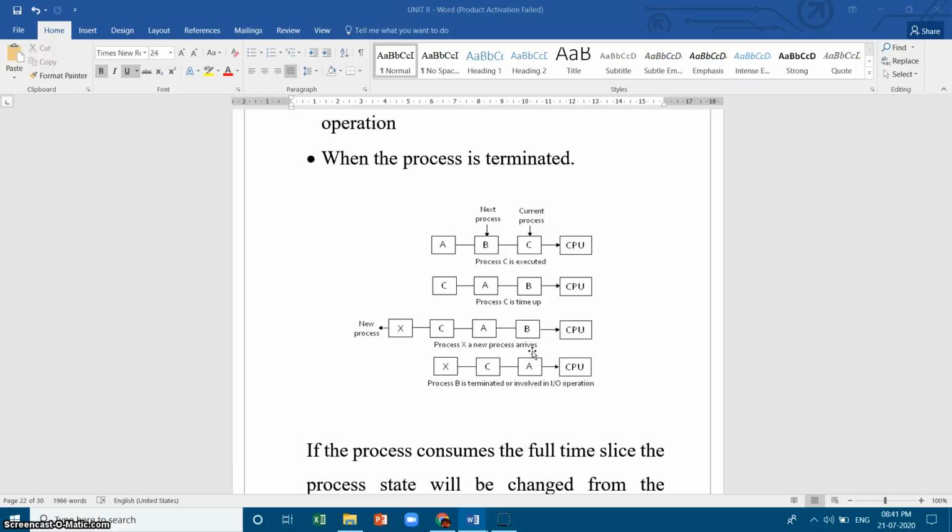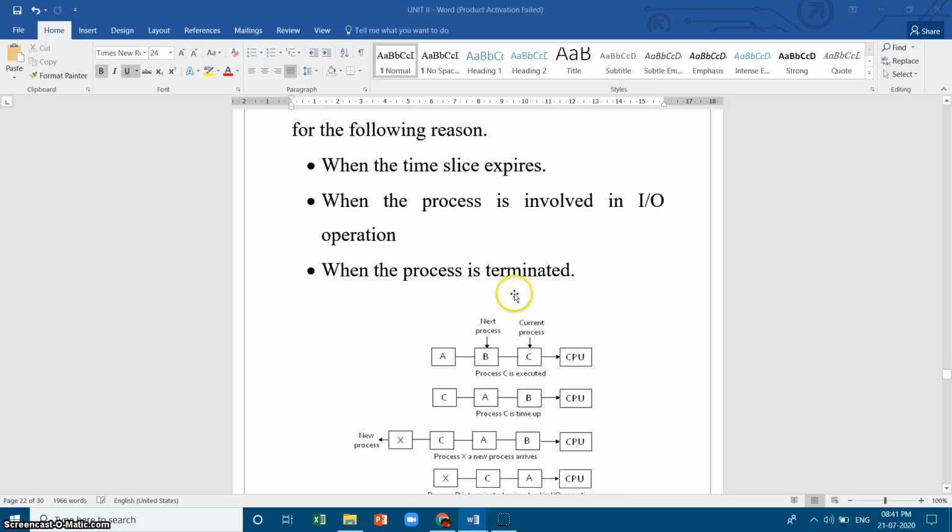Where has it gone? It may have gone for an IO operation or it might have completed the operation. Only two things can happen. So here it has been mentioned, process B is terminated or involved in IO operation. This is the procedure which we will be following in round robin method.